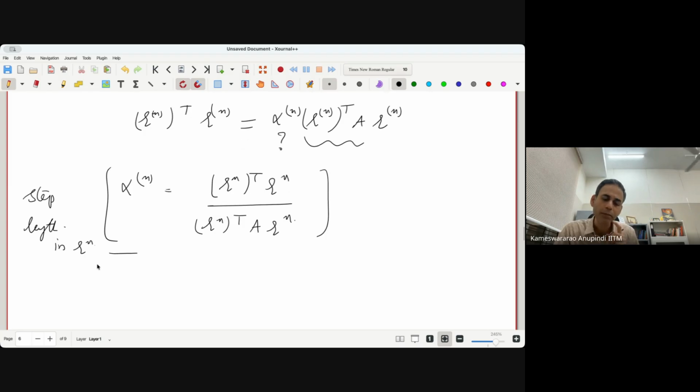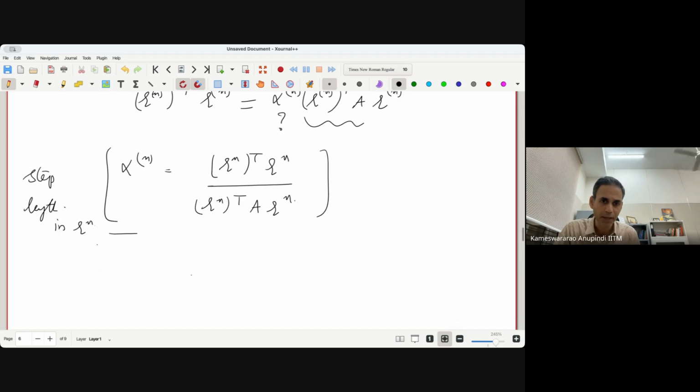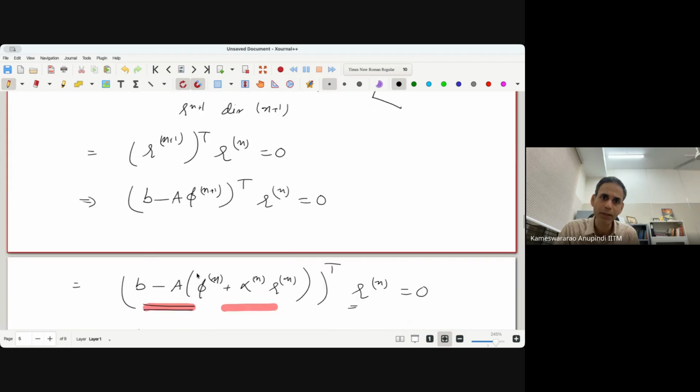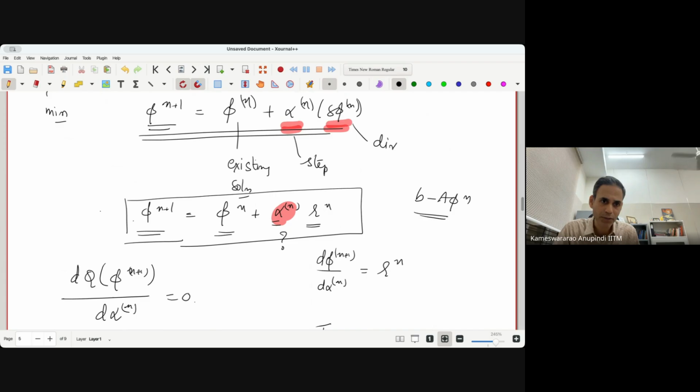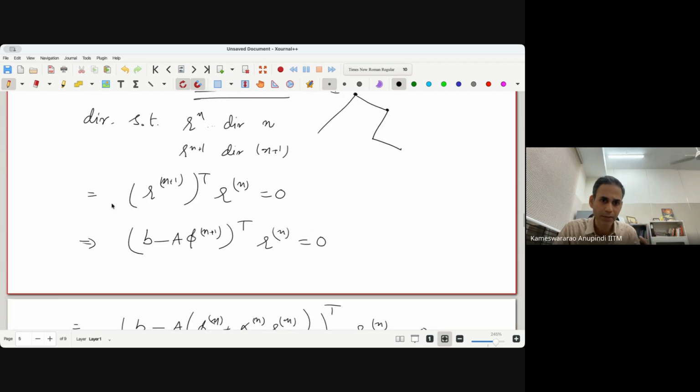That's all. We now have the step length, and Rn is there, so I can have my algorithm. My algorithm is simply phi n plus 1 equals phi n plus alpha n Rn. So let us start with some guess value.